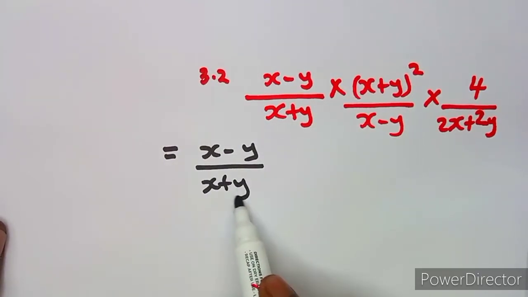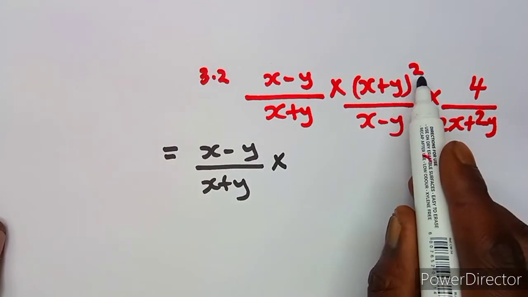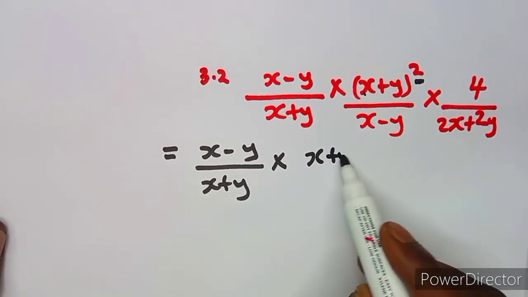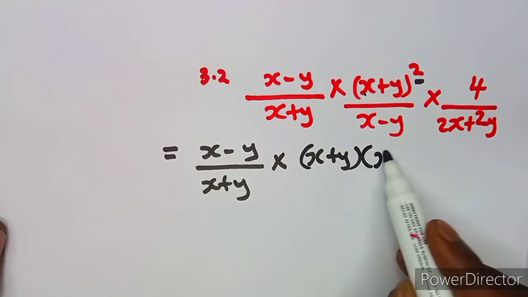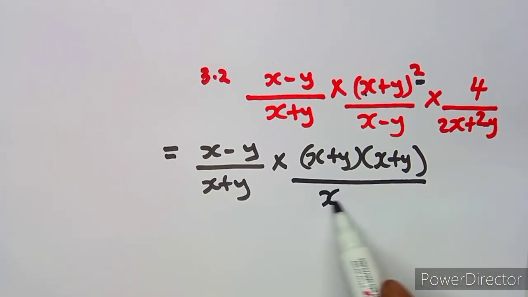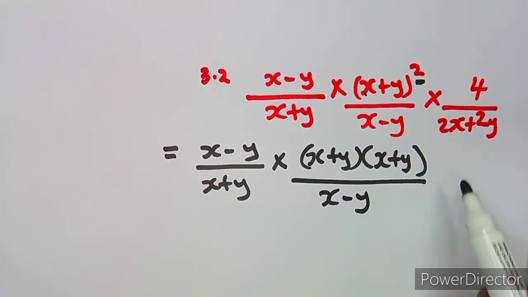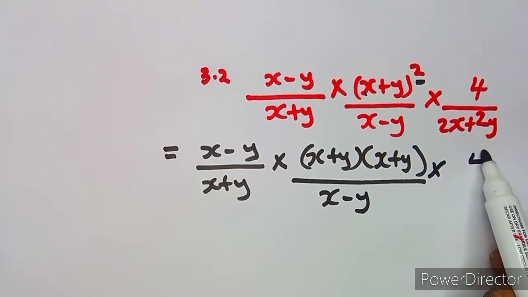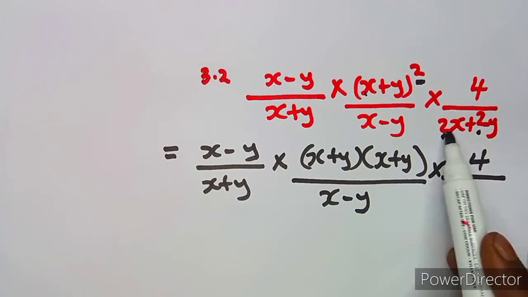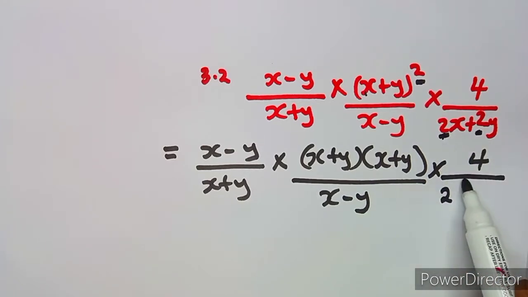Times also this part, x plus y squared, means there are two brackets here which are multiplying each other. So you've got x plus y, another bracket of x plus y, like this. Everything over x minus y, times 4 over, if we cross check here, 2 is common in 2x plus 2y, so we can factor out 2.